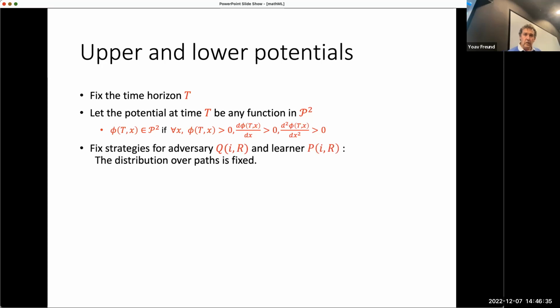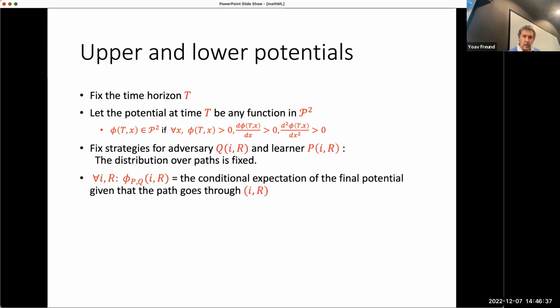So here are the strategies. Okay, actually, before I talk about the strategies, suppose that we have some strategies, some ways for choosing the weights for the learner and some way for choosing the losses for the adversary. And we're fixing those, so those are fixed now.